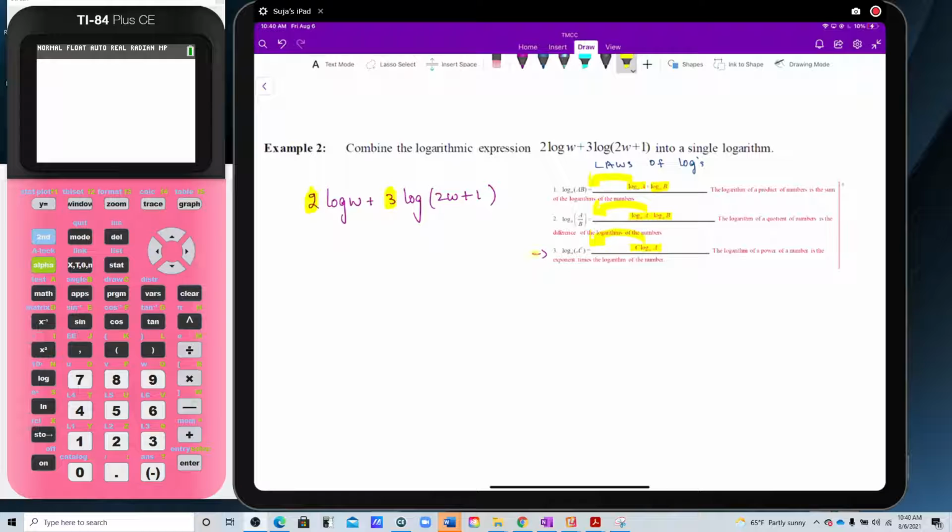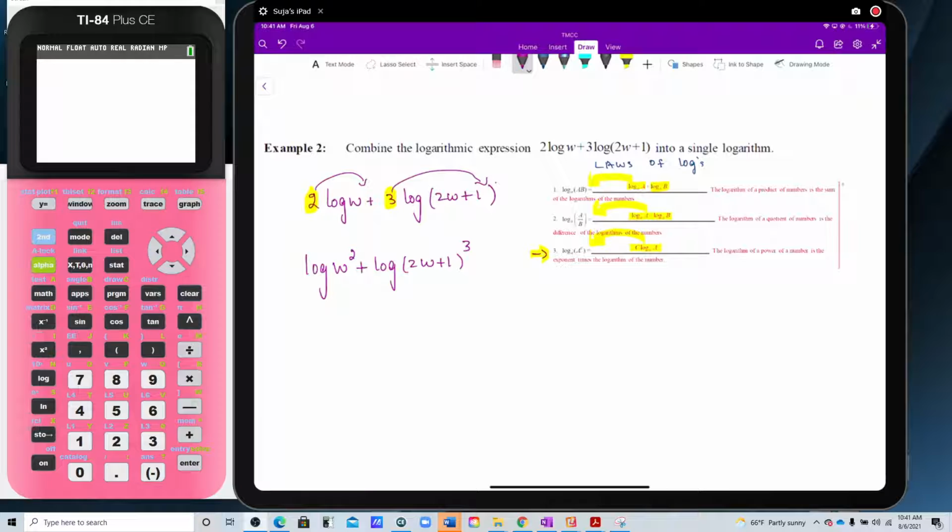So I know I can apply the power rule, which is the third one, and bring this 2 over to the power of w, and bring this 3 over to the power of 2w plus 1. Which is going to give me the expression log w squared plus log 2w plus 1 to the power of 3. Okay, that's the first step.